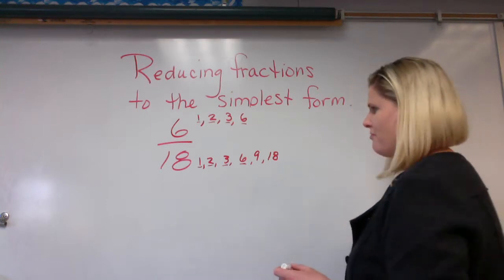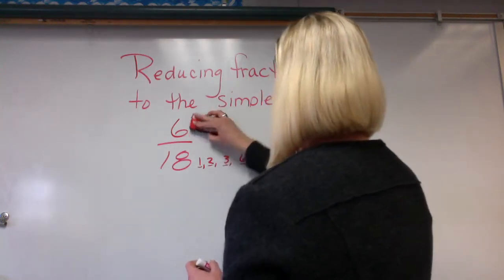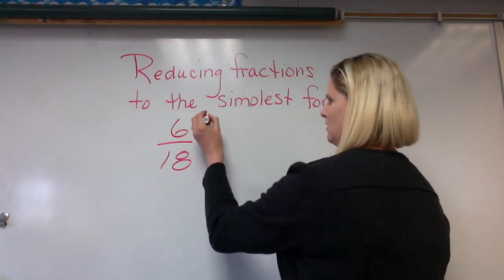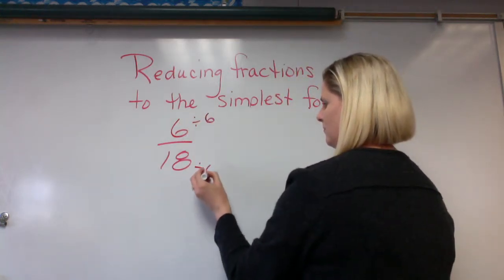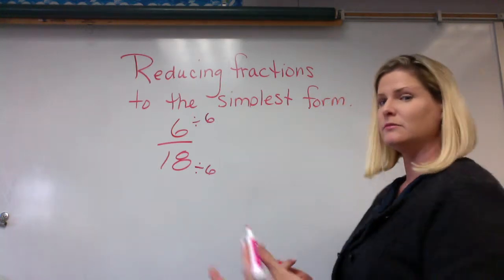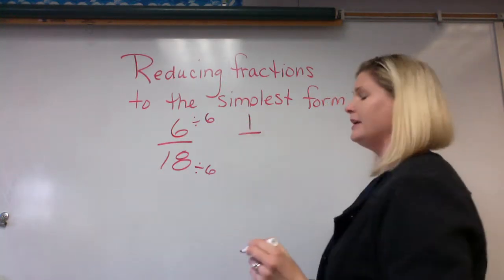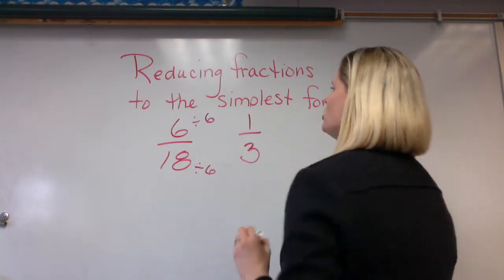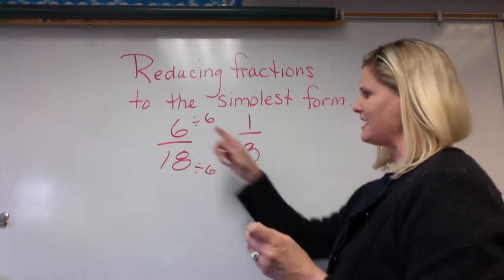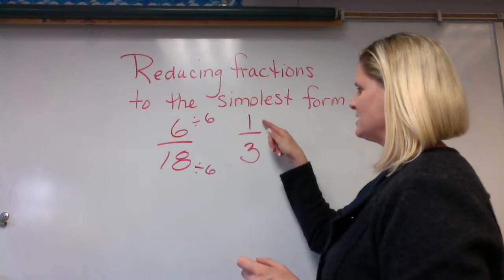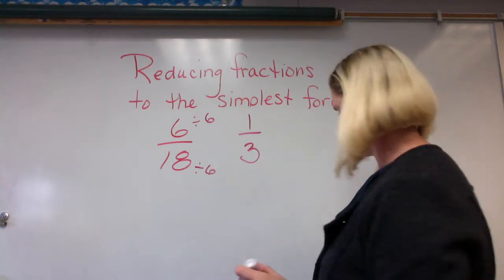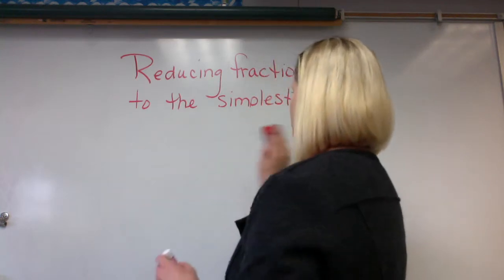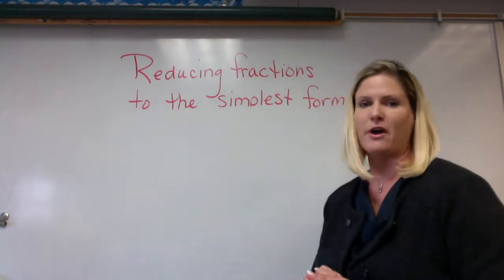So let's go ahead and divide 6 and 18 by 6. 6 divided by 6 is 1. 18 divided by 6 is 3. So we have gone from 6/18 down to the simplest form, which is 1/3.